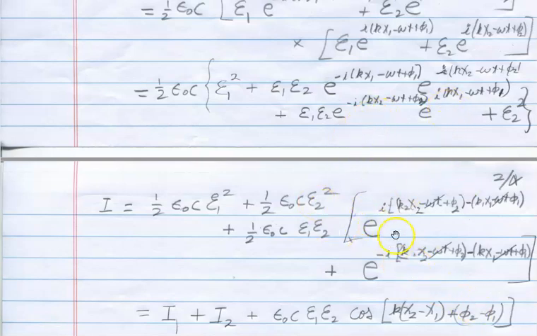And then the second term here, likewise, when I look at that, the omega t's go out when I combine these two into a single exponent.